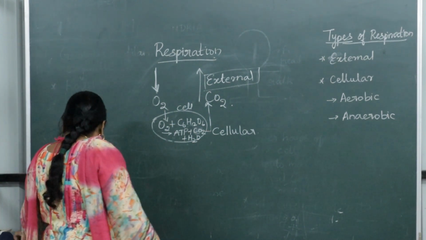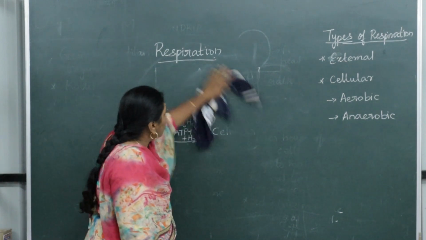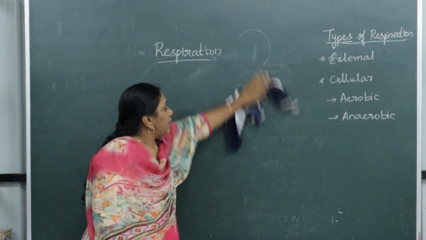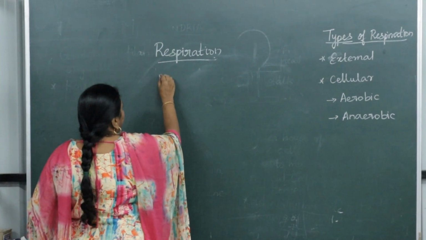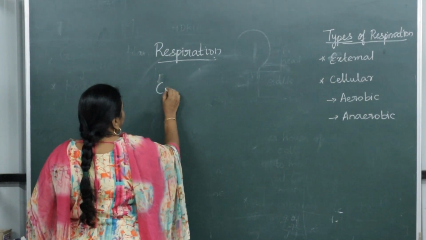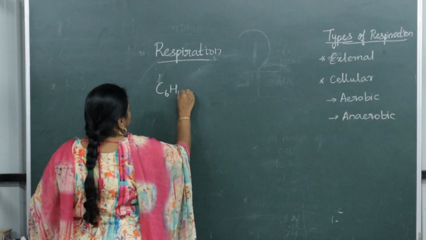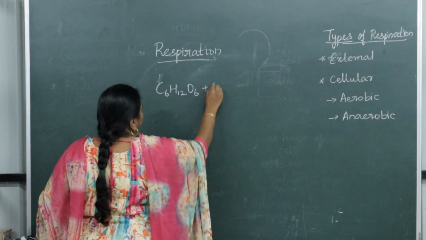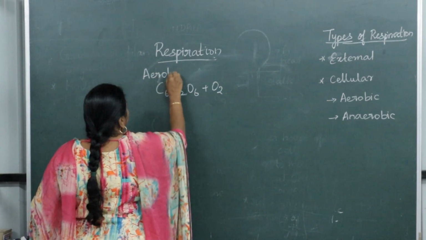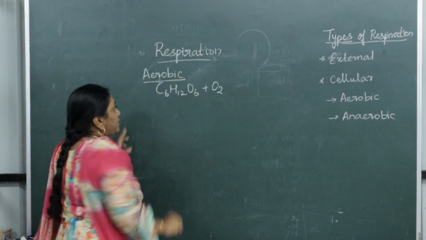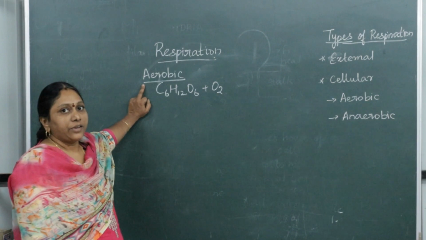Okay. Now, for the respiration that takes place inside the cell, that is the energy production process, if that respiration takes place in the presence of oxygen, we call that process aerobic respiration. So this takes place in many plants and animals, all higher order plants and animals.